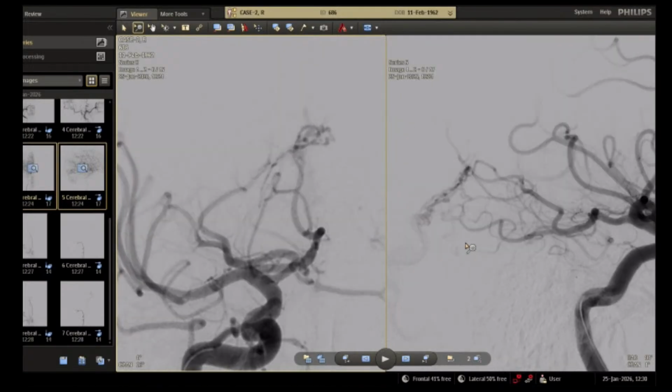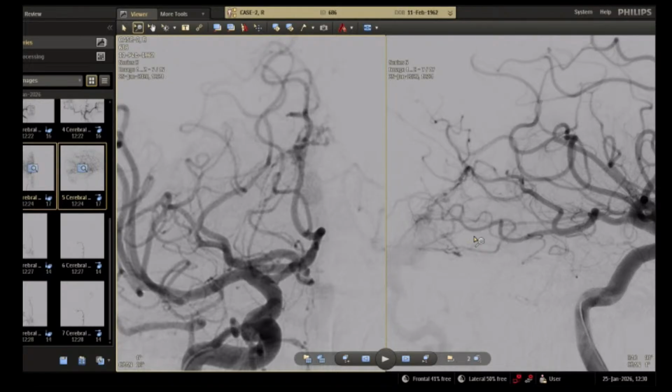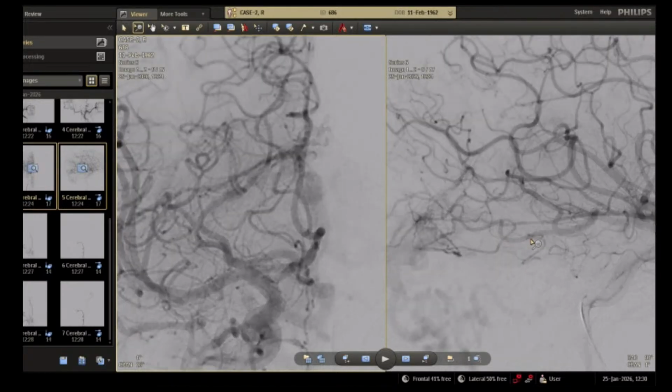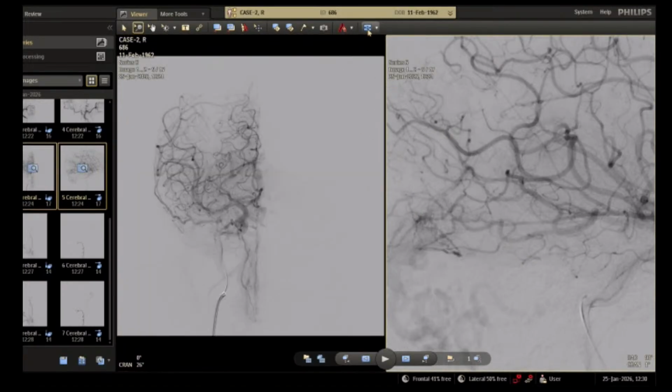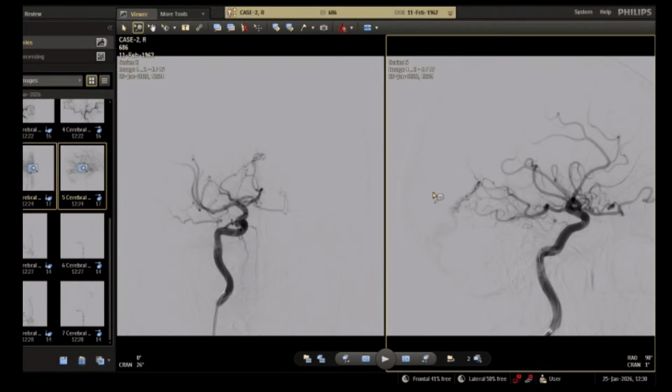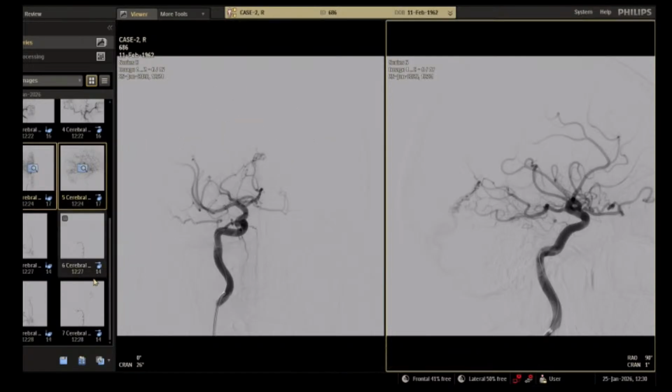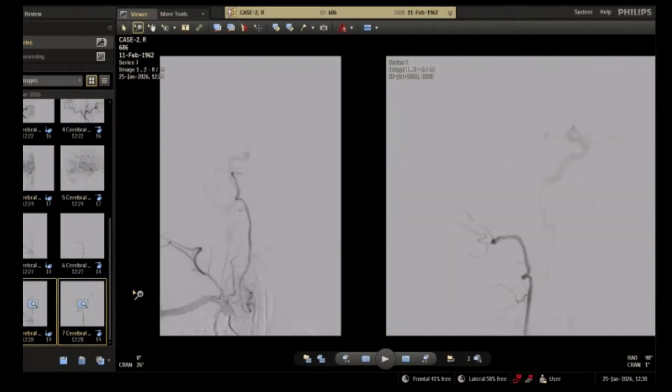Okay. Maybe we can go from the more secured meningeal territory. It's better, I think. Yes, this meningeal is better on the left side. Let's see.